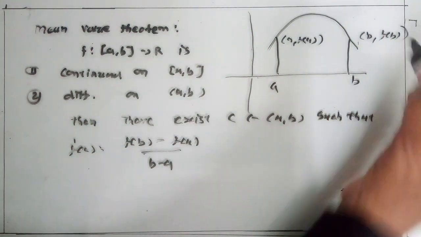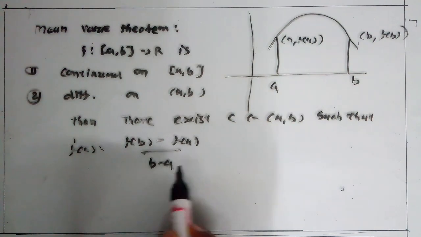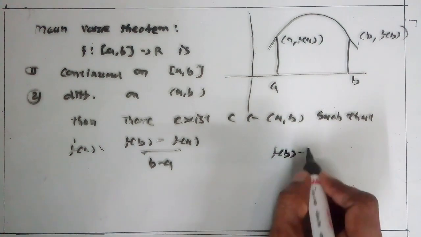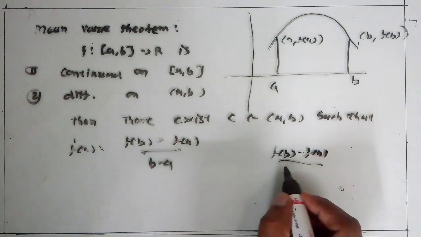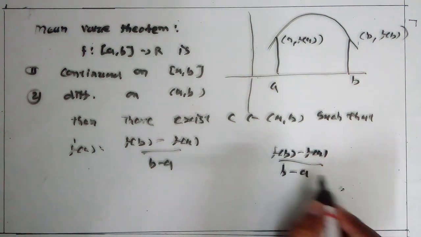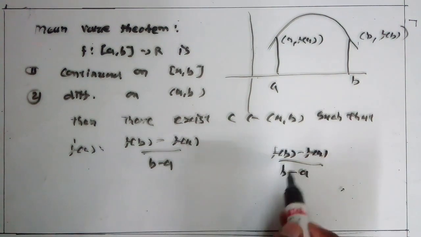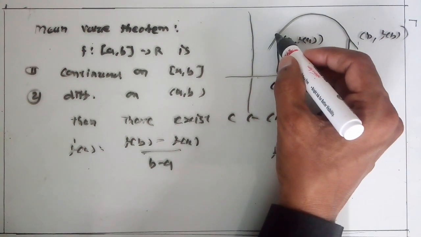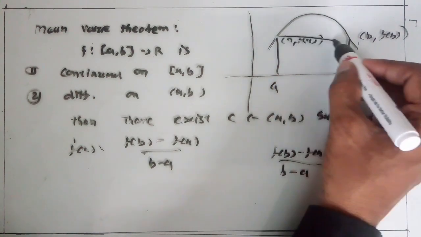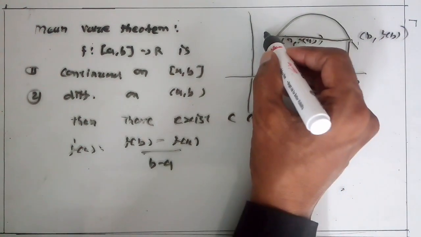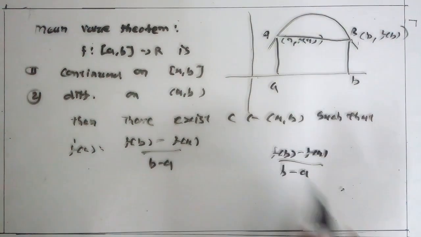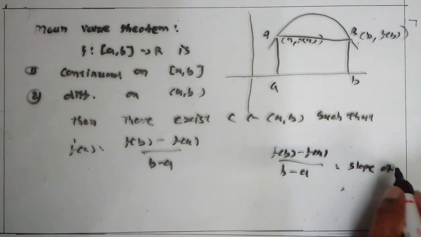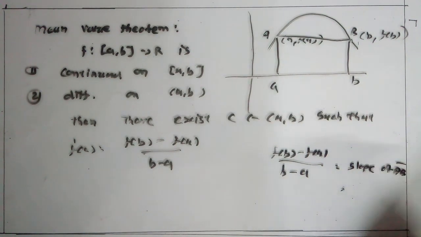Here (f(b) minus f(a)) upon (b minus a) is a ratio of the difference of y coordinates and the difference of x coordinates. We know that the ratio of the difference of y coordinates and x coordinates gives the slope of the line segment AB. So it is the slope of the line segment AB. Clear?